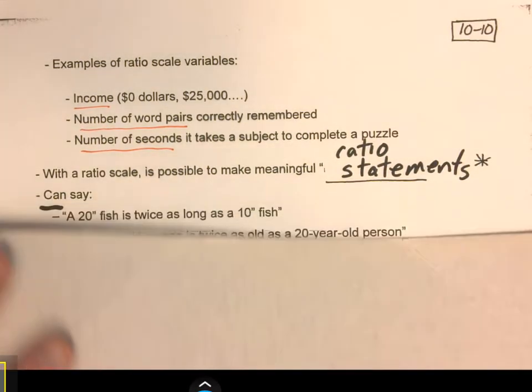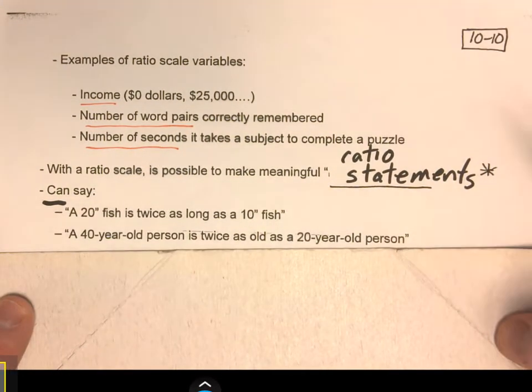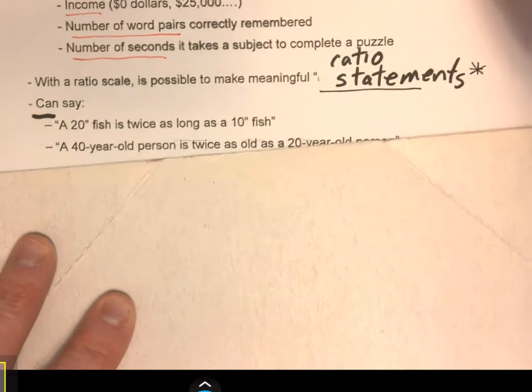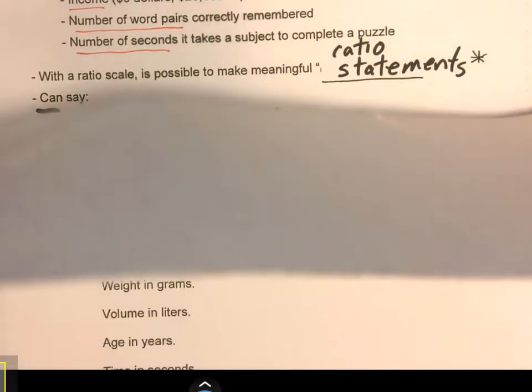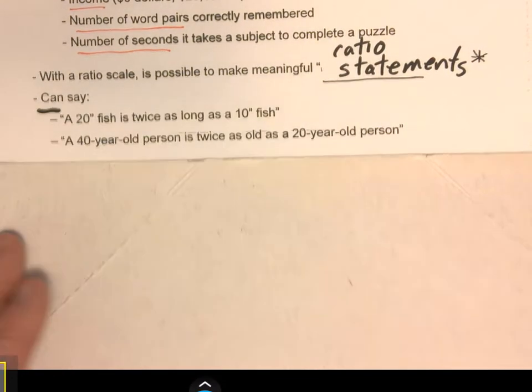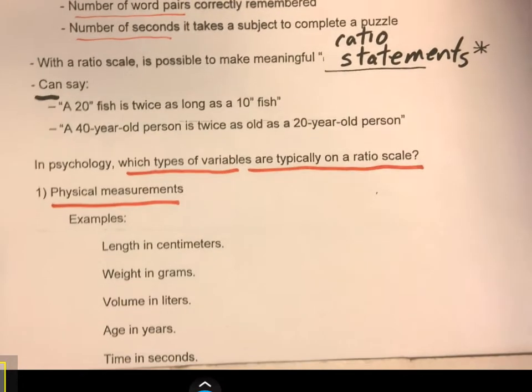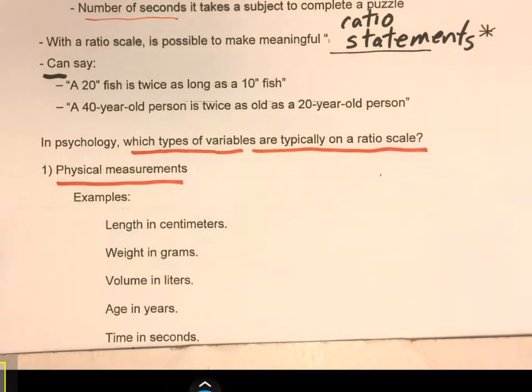Now again, although ratio scale is our most sophisticated scale of measurement, there's all kinds of variables that we deal with that are on a ratio scale. I divide them into two categories. In psychology, which types of variables are typically on a ratio scale?